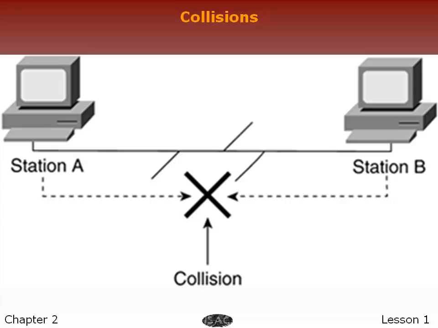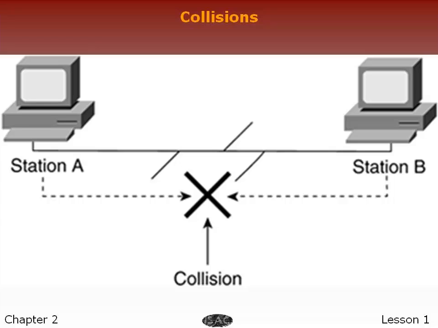Because a network is shared, it is a multiple access, so many stations are connected to the network. Other stations on the same network segment might also attempt to send at the same time. For example, Station B. Shortly after Station B attempts to send traffic across the line, both Station A and Station B realize that another device is attempting to send a frame. This situation we call collision detection.